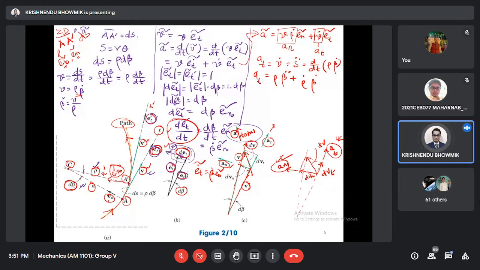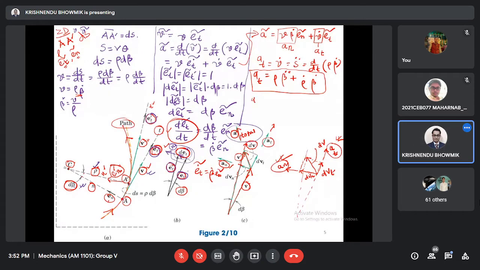This is At. Sometimes we may require to use this type of expression. We know tangential acceleration is nothing but dv dt, but we can have this form also when it is in curvilinear motion and in nt coordinate system.